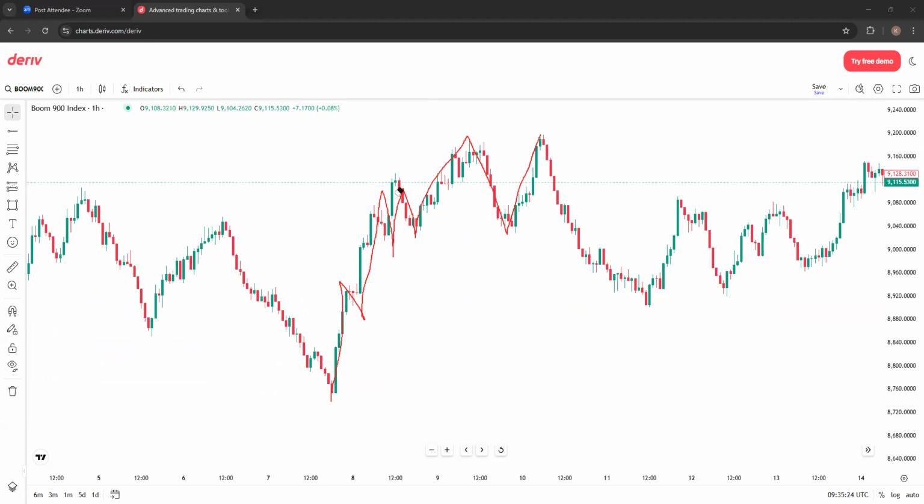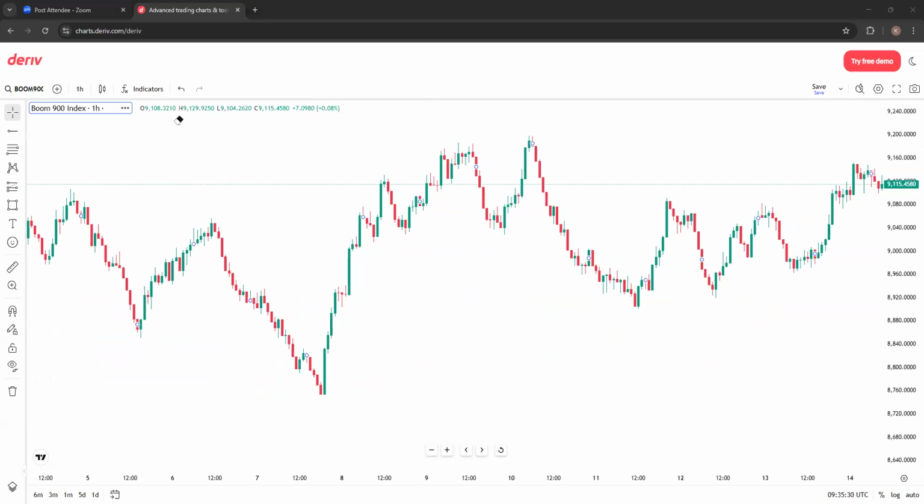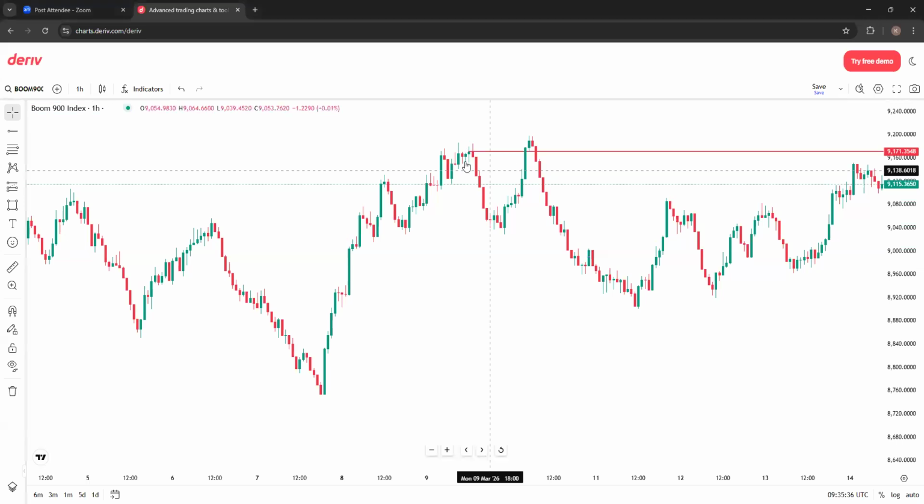If you look at it carefully, this high over here was broken, right? And as it was broken, we never had a change of character. Why? Because straight up we came and we broke this low, and it is coming from this high, right?